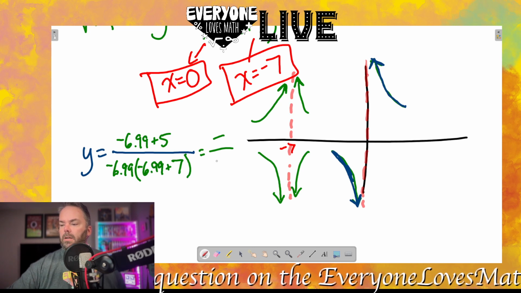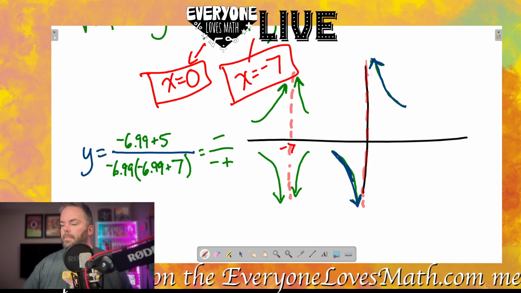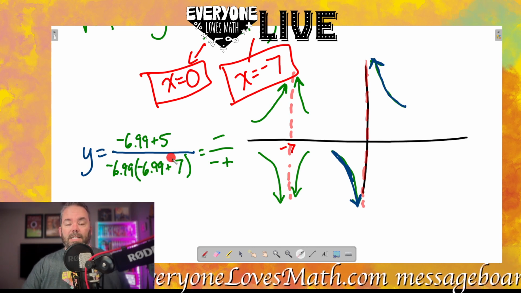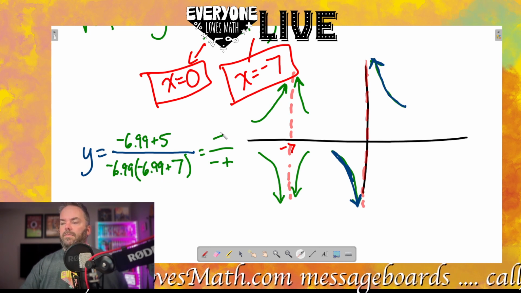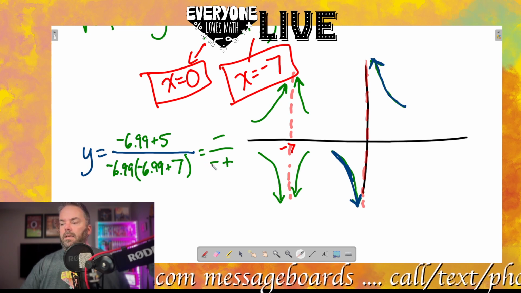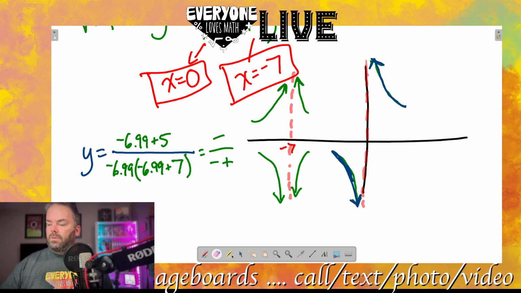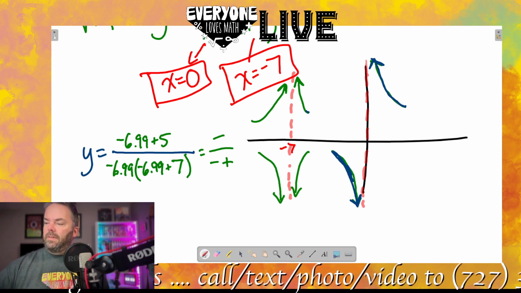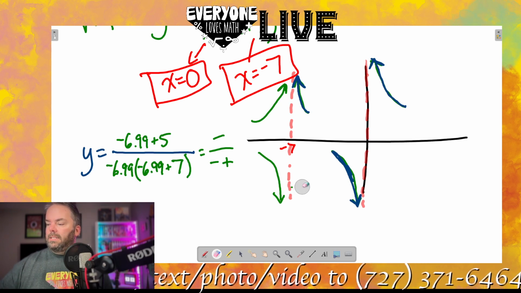And then the denominator would be negative times positive, because this is really close to 0, but this would be positive. -6.99 plus 7. So negative and positive. So what do we got? Negative divided by negative times positive, that's negative over negative, that's a positive. So what this tells us about this graph is that when we're to the right of -7, we must be going to heaven because the y values are positive. So I'm going to erase this side.